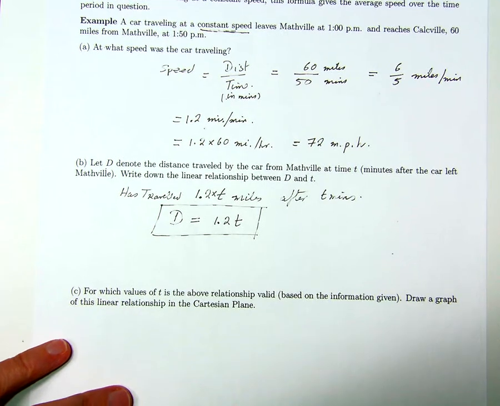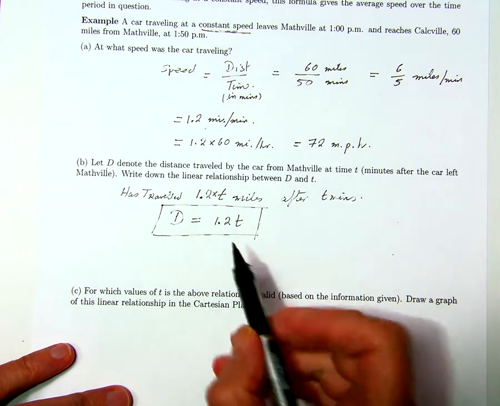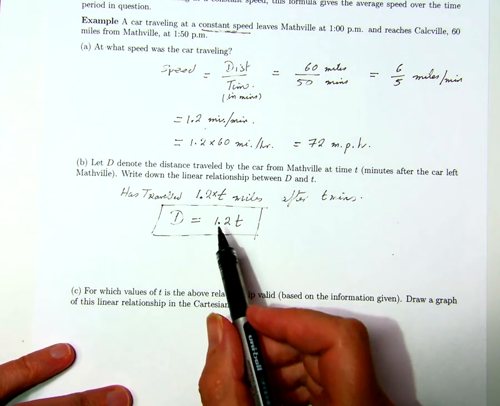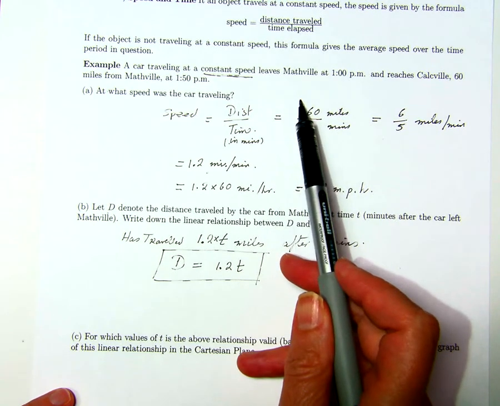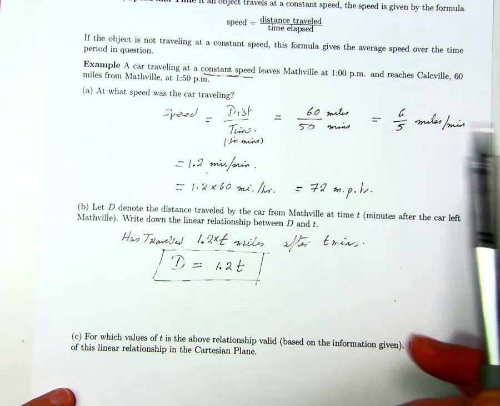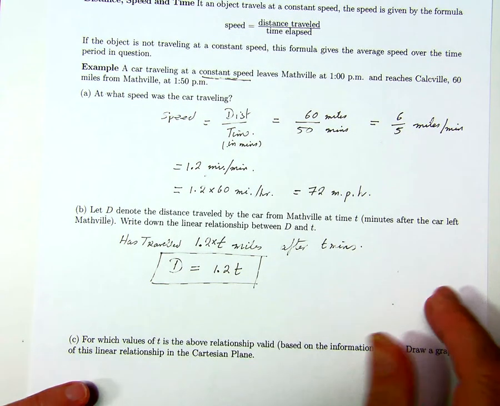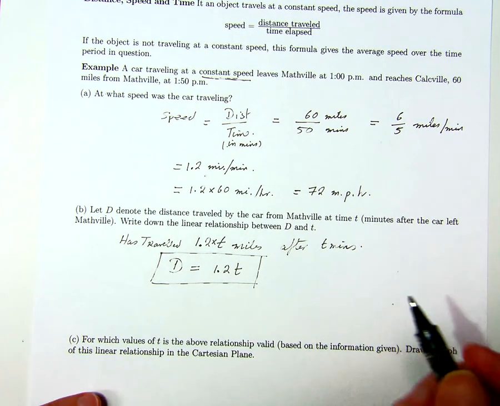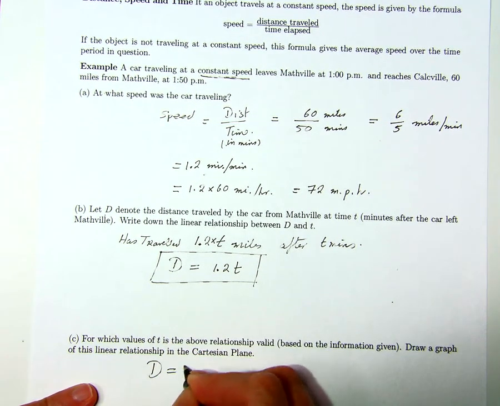For what values of t is this relationship valid? Well, all that we know so far is that this car is traveling at a constant speed between Mathville and Calcville. We know nothing else. It might have stopped in Calcville, might have stopped in Mathville. So we only know that d equals 1.2 t.